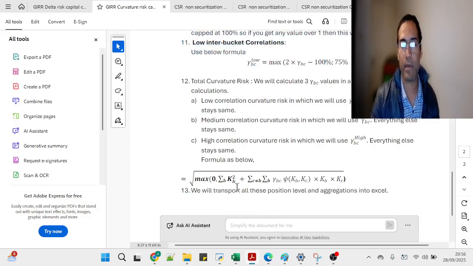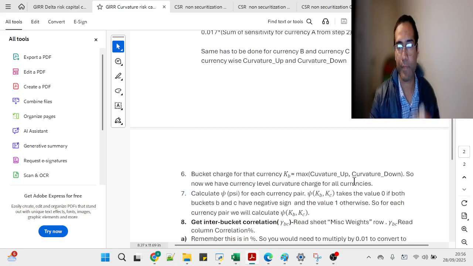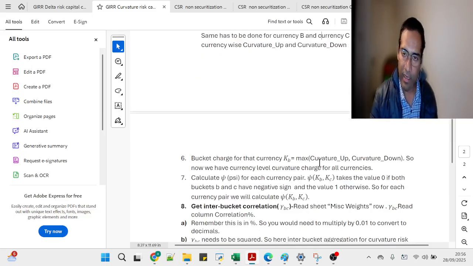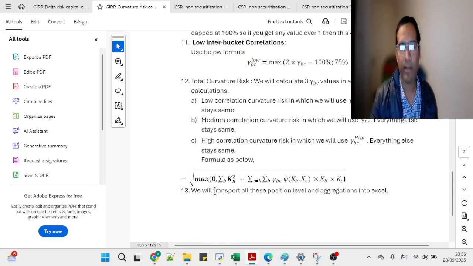And these are the curvature calculations. So the main point was to calculate the curvature. After that, you can assume the curvature just like the bucket risk charge. So that was the main thing. I hope that was clear enough.